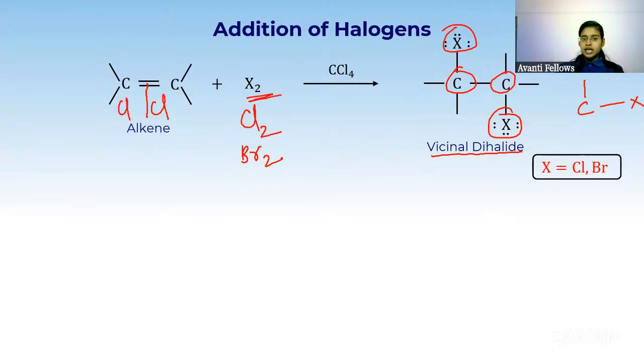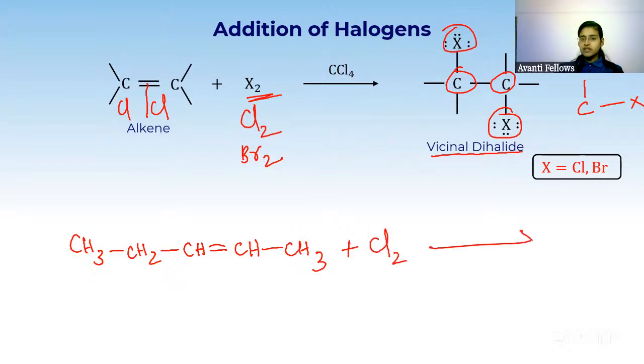Let me take CH3, CH2, CH, double bond, CH, CH3. Okay, so this is one example. And to this, I am going to add Cl2 in presence of CCl4. Okay, so what I have to do? I have to break this double bond and I have to add 2 chlorine like this. So what will be my product?